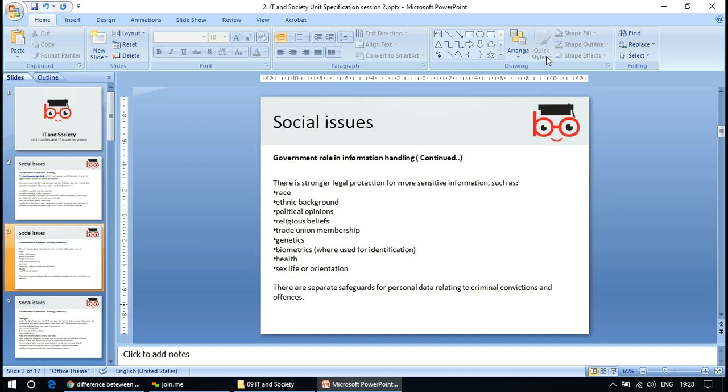Basically, they normally say that's sensitive information and it remains confidential. But if it is confidential, then why do they ask these questions?